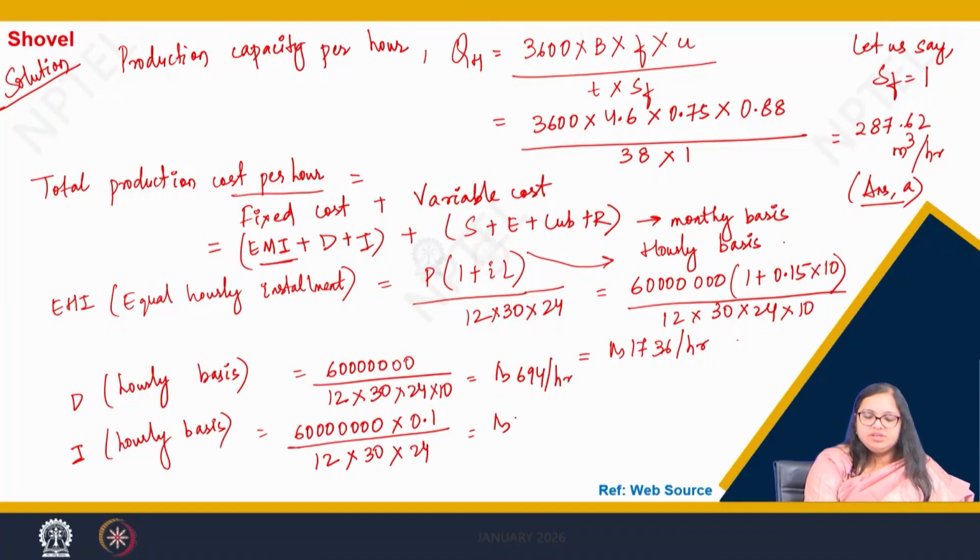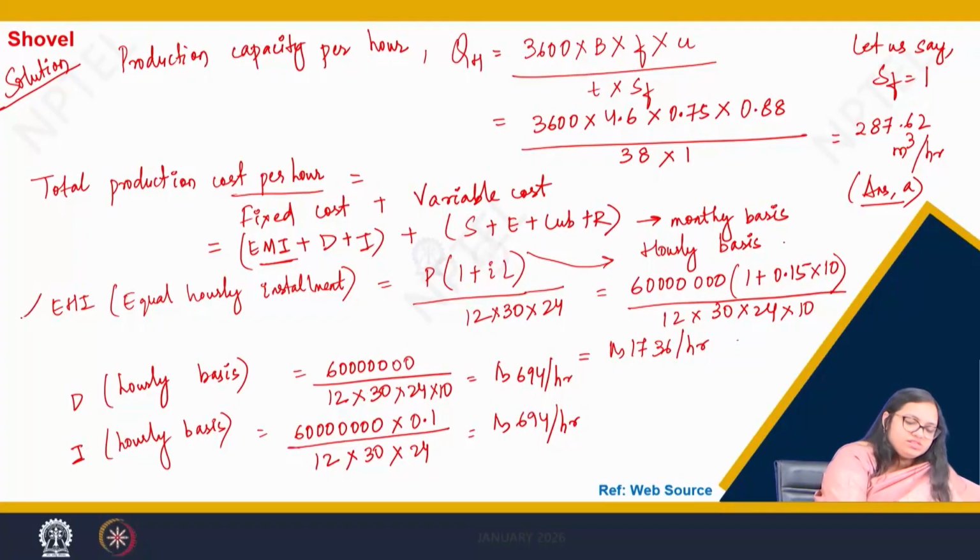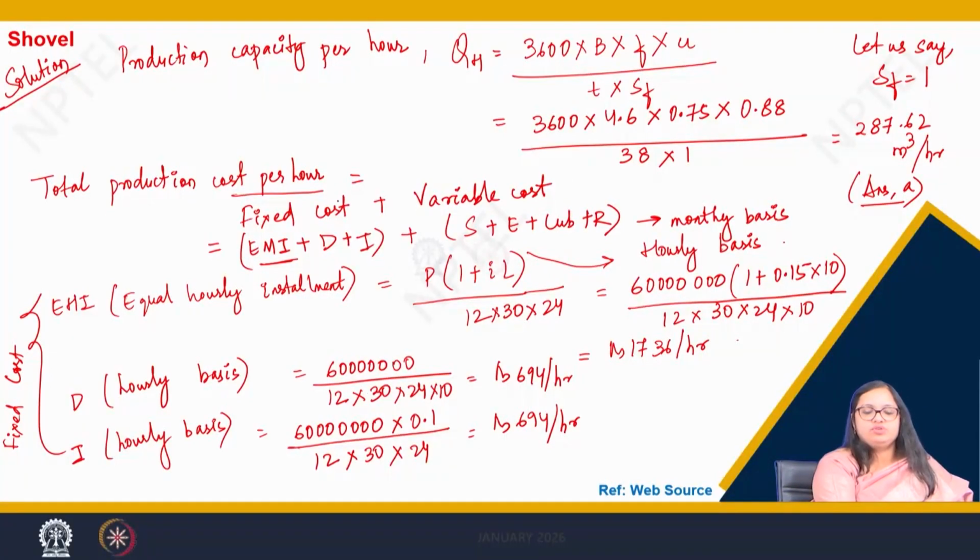So, this gives me again the same value, 694 per hour. You may calculate it. So, this accounts for my fixed cost. Here, in total production cost per hour, the fixed cost component comes from here.